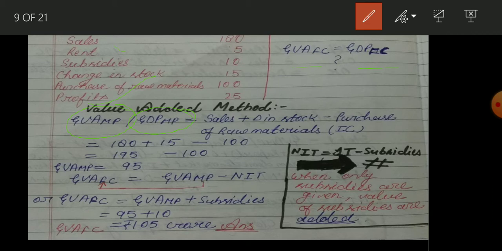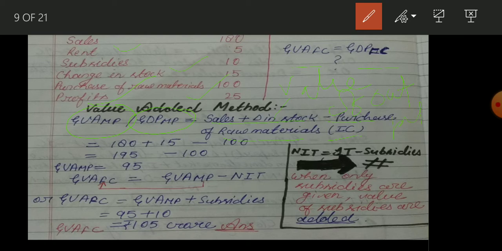Here sales, change in stock, and purchase of raw material, meaning intermediate consumption, are given. So we will use this equation: sales plus change in stock minus purchase of raw material, meaning intermediate consumption. Sales plus change in stock is equal to value of output.